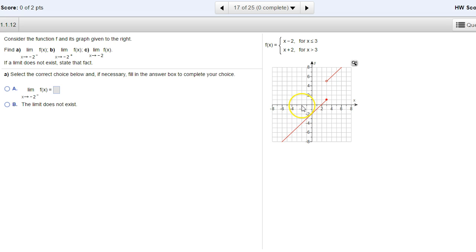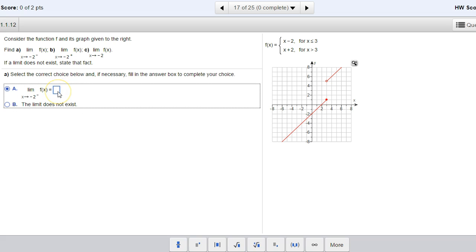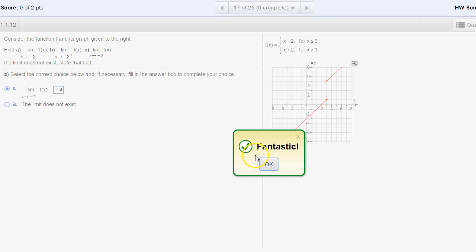If we are going to approach it from the left, it means we're going to start over here and move this way. If we look at the actual function, if we start to the left of -2 and move toward -2, the function is moving towards -4. So that does have a limit. It is equal to -4.